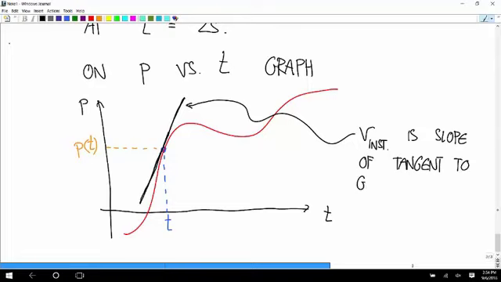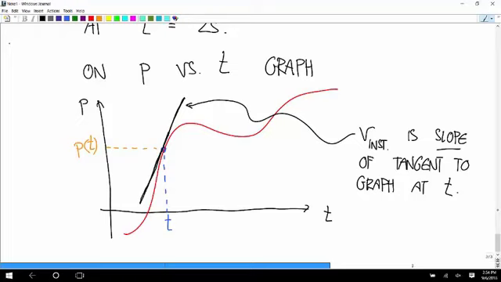So tangent to the graph at that desired point t. Okay, it's a slope. This is just a made up one, but is this made up slope that I drew positive or negative?